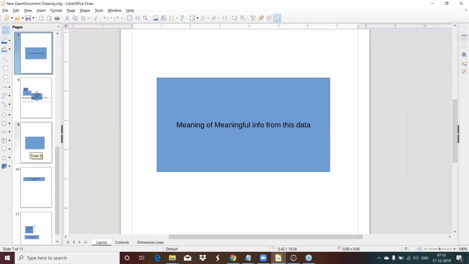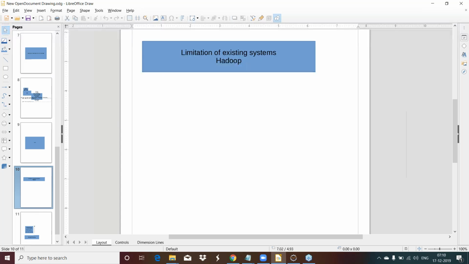We said that earlier we were not capable enough to process this data using the existing systems, and that capability, that enablement, came to us only when Hadoop came into the market. So now we are interested in knowing what the limitations of the existing system are and how Hadoop is overcoming those limitations.